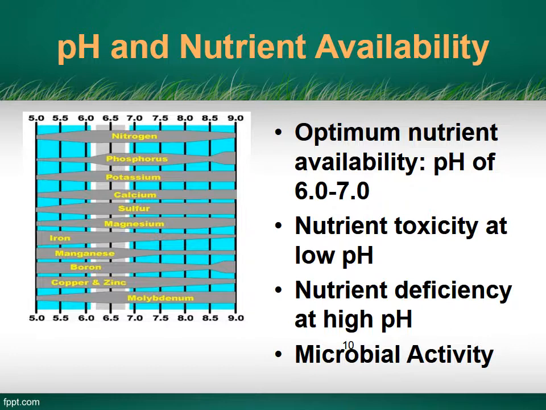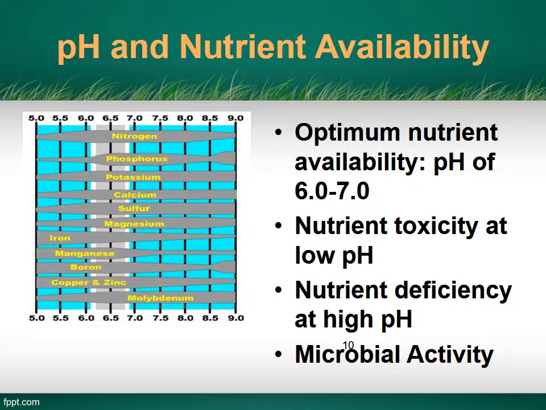Phosphorus, which is another important plant nutrient, is very pH sensitive. This graph doesn't really make it very clear, but phosphorus is only freely available for plants to use at a very narrow range of generally between 6.5 and 7.